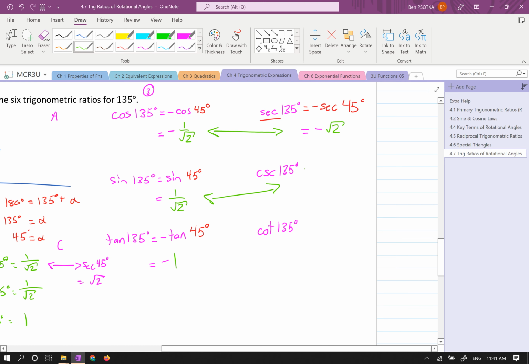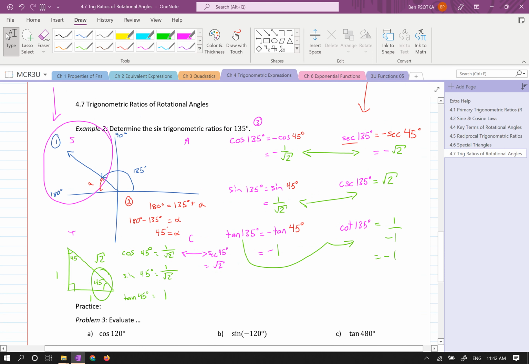So my cosecant of 135 degrees is simply the square root of 2. If my tangent of 135 degrees is negative 1, then my cotangent of 135 degrees is 1 over negative 1, which is negative 1. We're there, we're following.